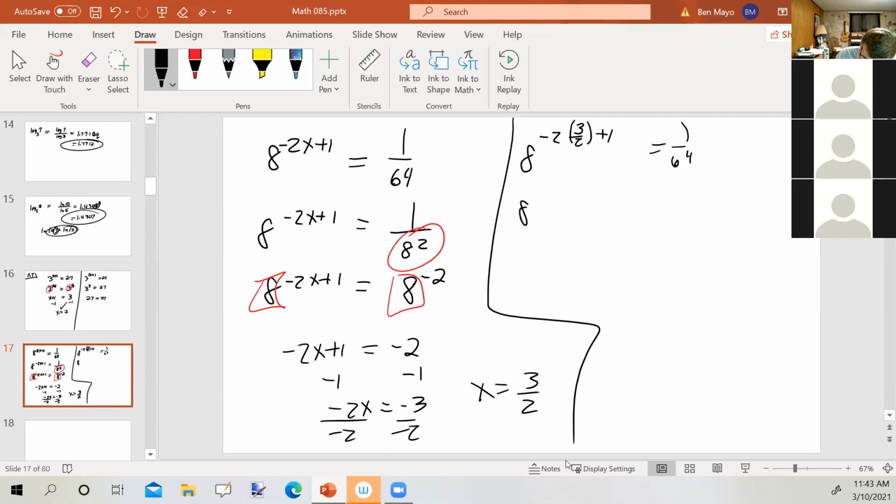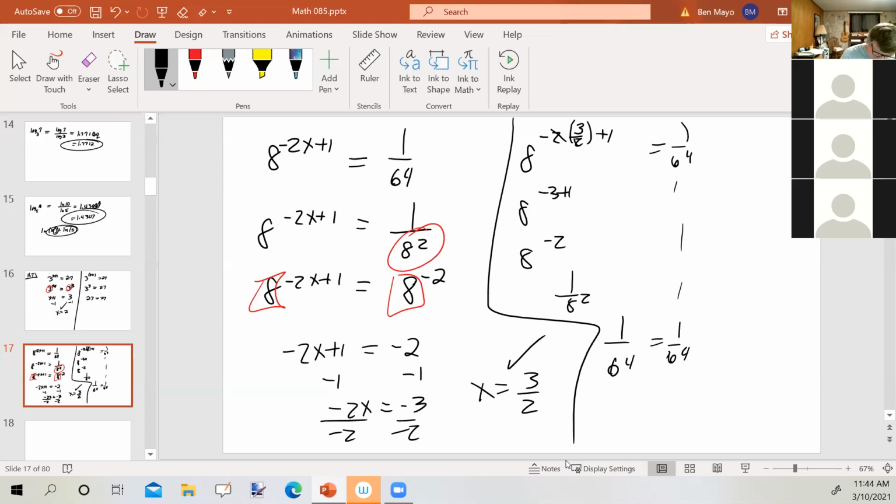The negative 2 times 3 halves would be negative 3 plus 1, which would be 8 to the negative 2, which would be 1 over 8 squared, which would be 1/64 equals 1/64. So it checks. Any questions about that?